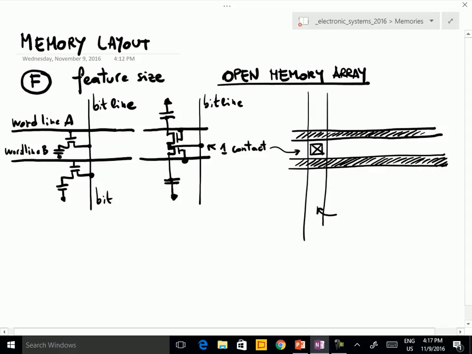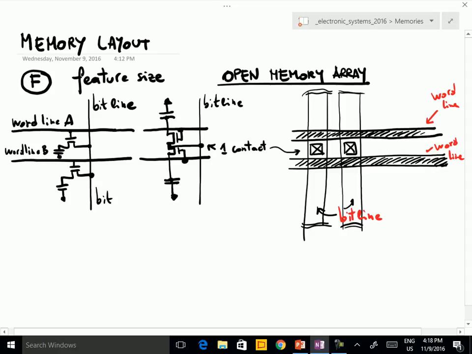Okay, so this is the bit line, and this is the word line. This is the word line. And for example, let me write in red, we have a certain separation, and here we have another bit line, and so on.